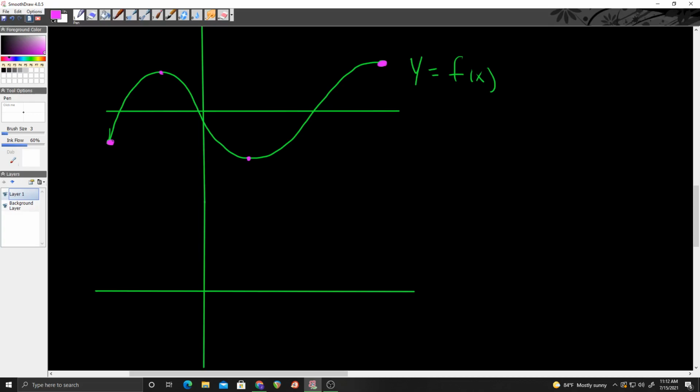And now let's take note of what's happening to the slope. As we go from here to here, we have a positive slope, but it's tending towards 0. It's positive, but it's approaching 0. That's what's happening here.